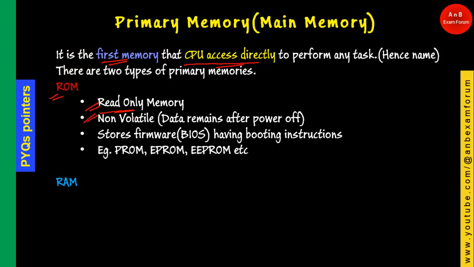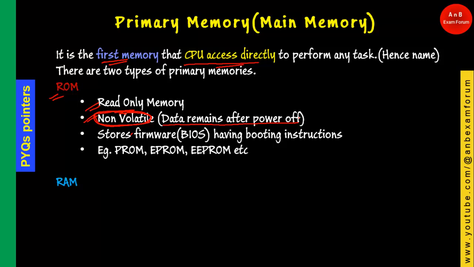Generally in the exam you will have questions related to volatile and non-volatile. Remember, ROM is non-volatile. Non-volatile means that data remains in the device even after the power is off.